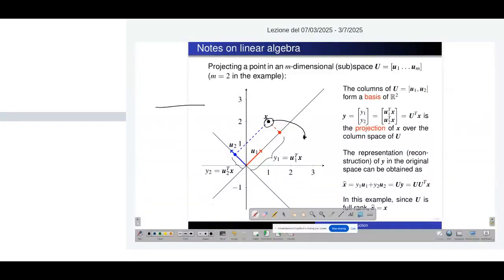What does it mean? Let's imagine that we have a set of points like this in the original space. Let's imagine we use a full rank U, so we just compute the coordinates of these points over the new axes defined by these two directions.